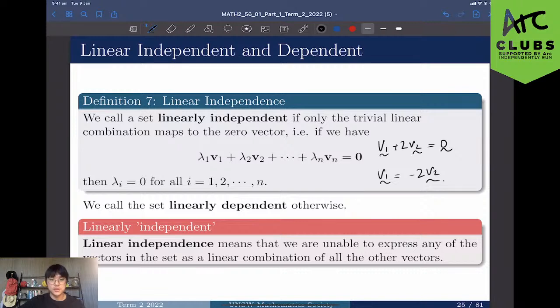The whole idea with linear independence is that with all these vectors v1, v2, and vn, we can't write v1 in terms of any other vectors. So we can't say v1 is like v3 plus v7. This is not possible if the set is linearly independent.